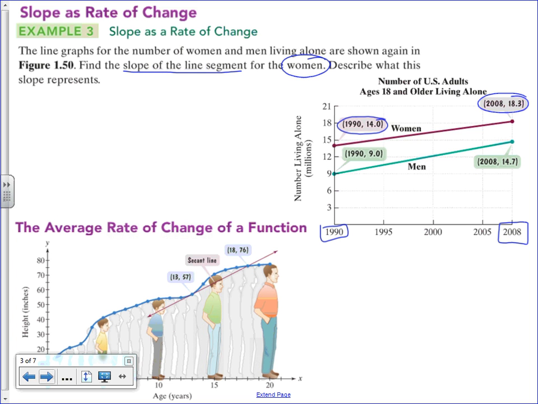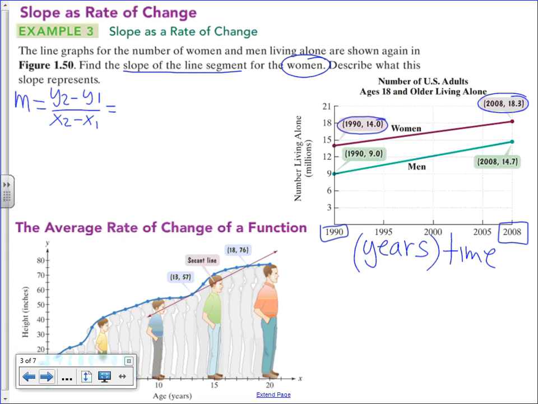All right, so let me write the formula. The second point, I'm going to consider that 2008. By the way, the horizontal axis is the independent variable, which represents time in years. And then we have the vertical axis label, and that represents, in millions, the number of people who were living alone.